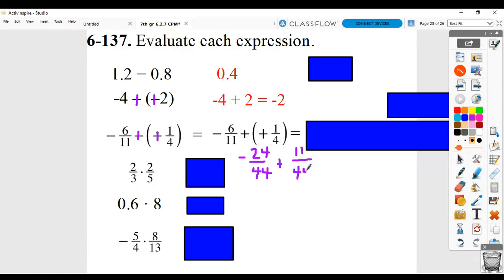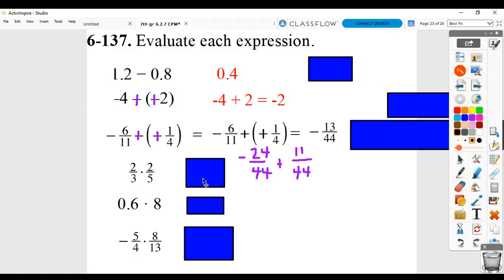And since they are opposites, one's positive, one's negative, we subtract and carry the sign of the number that's further from 0 on the number line. So when you subtract 11 and 24, you get 13, but it's negative 13/44 because, again, this one is further from 0 on the number line. So the negative is associated with our answer.